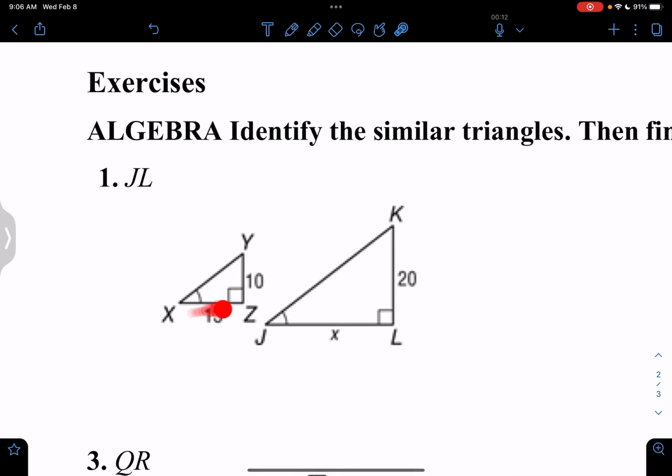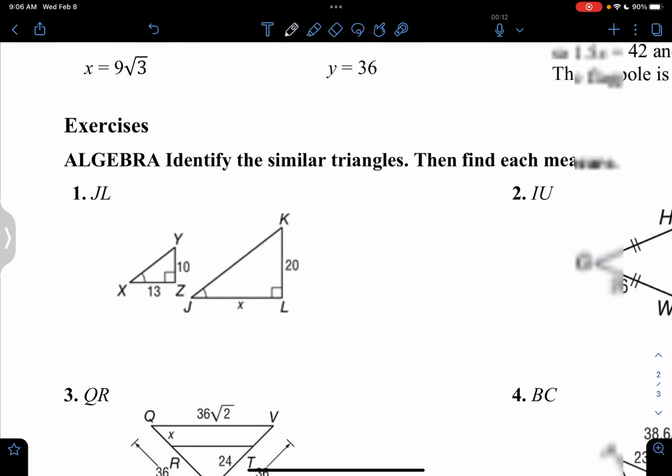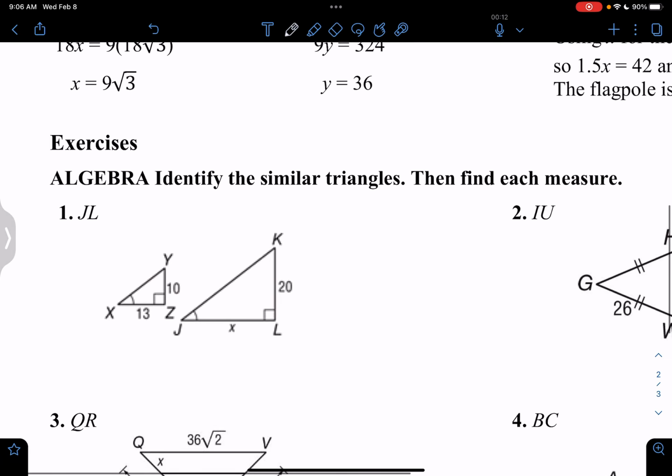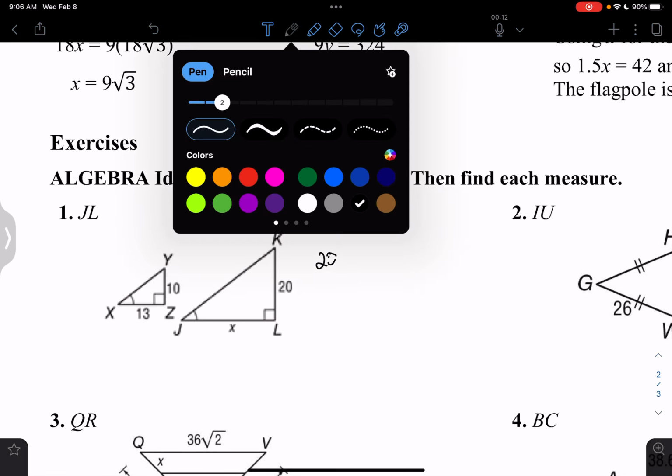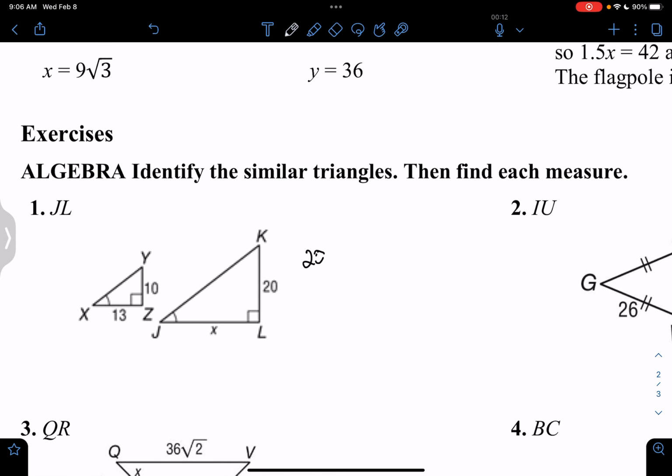So I would say 13 is to x, just like 10 is to 20, right? And I can write the equation, and I will say, okay, so 20, let me see if I can write it.